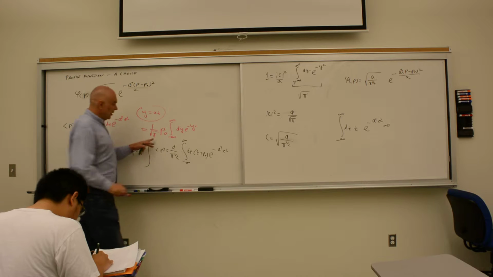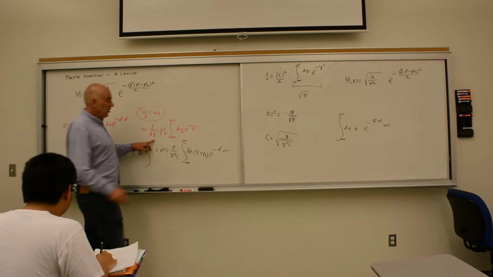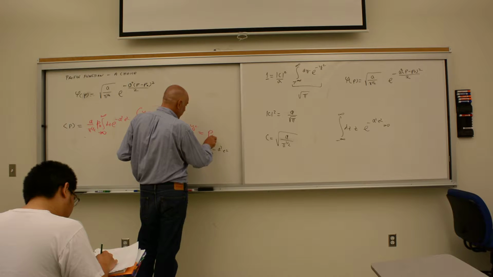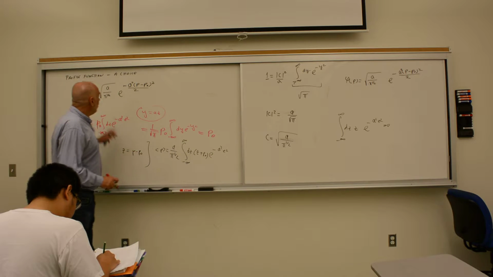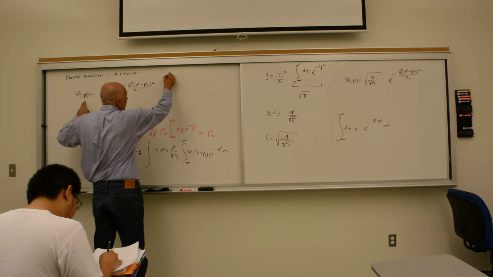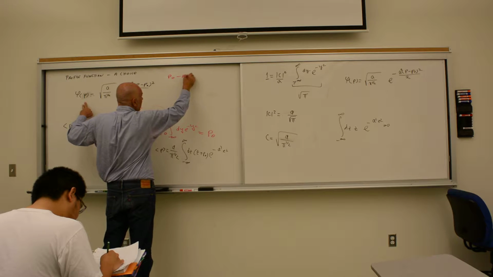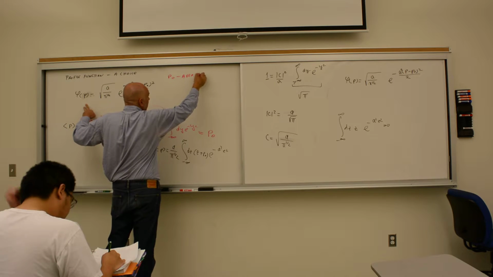And this integral will give you square root of pi, so this is just p0. So p0 is the average momentum.